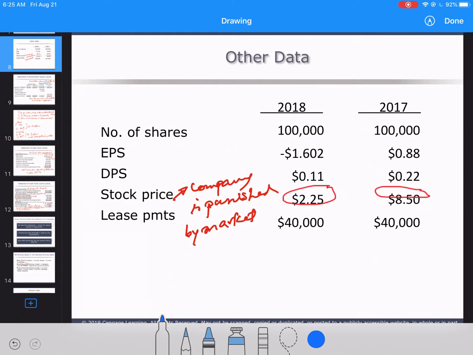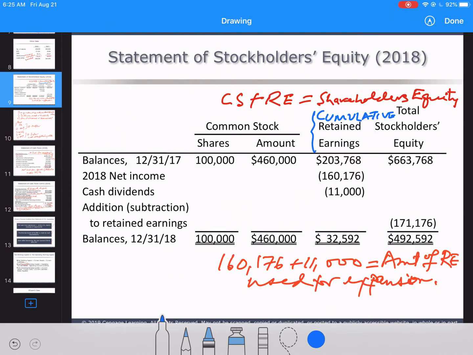And then we move on to the statement of retained earnings, which is basically common stock plus retained earnings is shareholders' equity. So this is the cumulative retained earnings. And when you add these two, you can see this is the amount of retained earnings used when you do not have earnings.